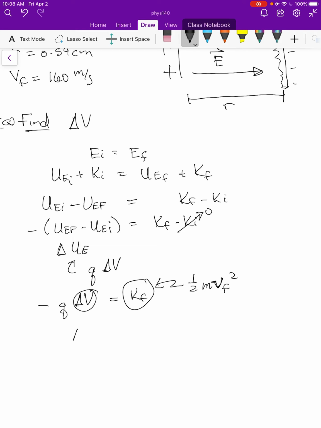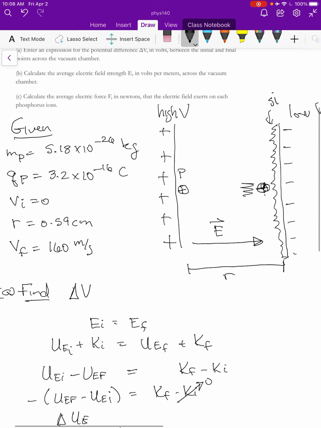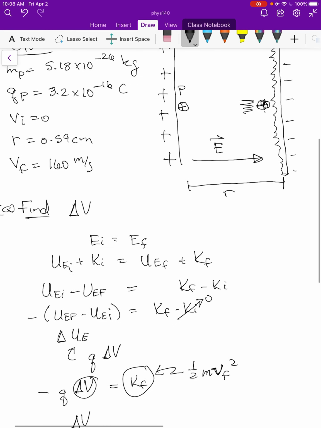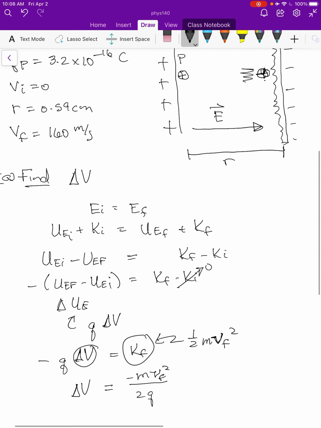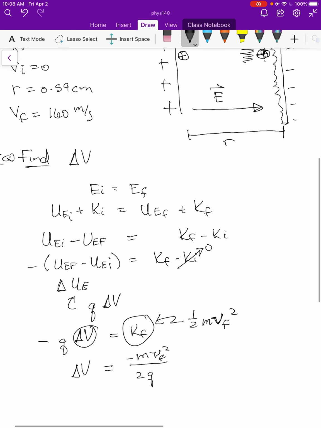So we have delta V, which would be our V final minus V initial, equals negative m v final squared over 2Q. And so we have to look at the problem and see if it wants the absolute value or not.